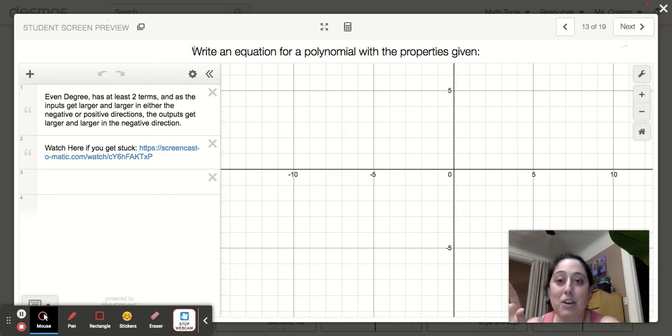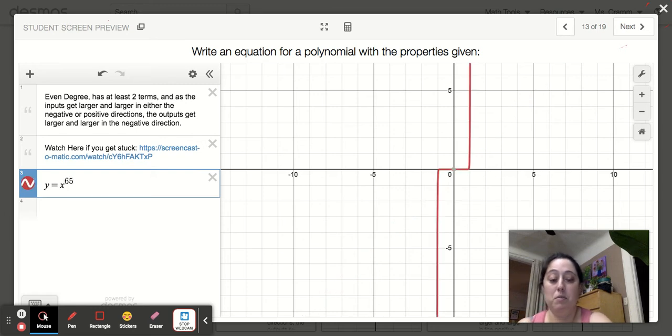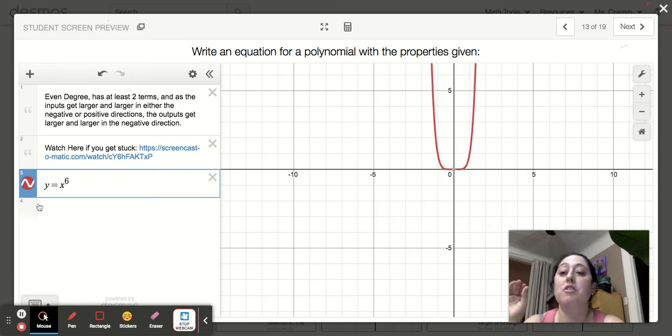So I've got to write an equation for a polynomial with the properties they're giving me here. It needs to have an even degree, so I'm going to write y equals x to the 6. Oops, 65 is not even. Okay, so it's even. Great. Has at least 2 terms.